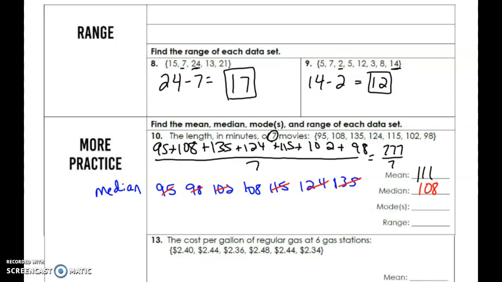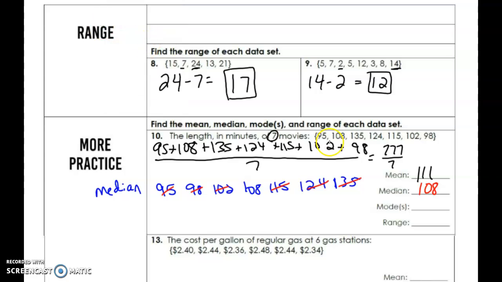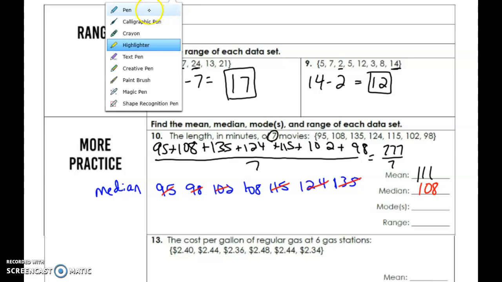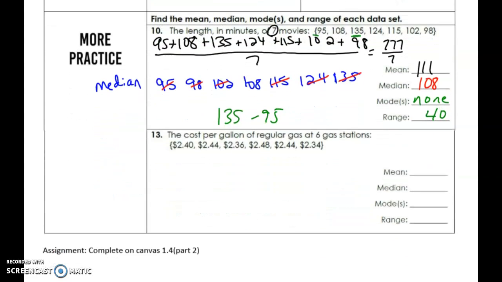Okay, and then finally the mode, this is the number that happens the most often. And it looks like there is none. There is no number that happens the most often. So we're going to say none. If we wanted to do the range, 135 minus 95 is 40.